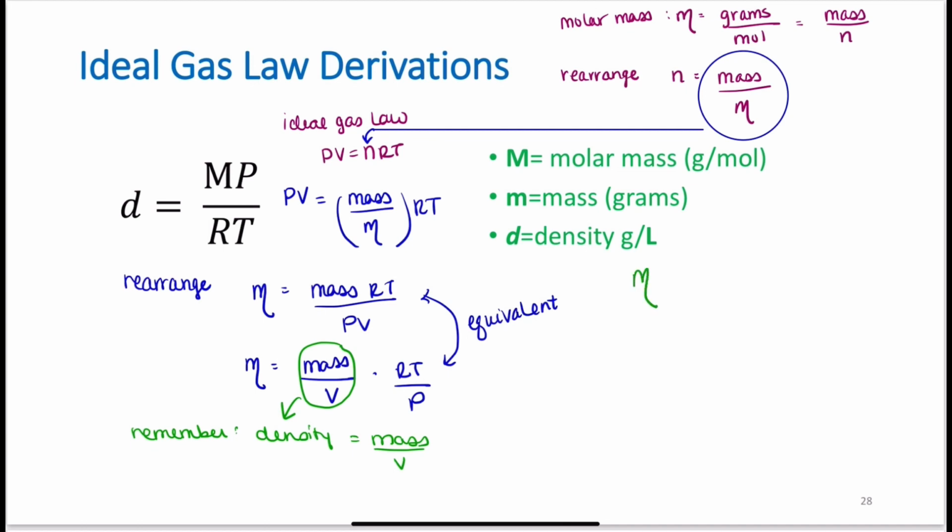So really we can say molar mass is equal to the density RT over P, which if we rearrange this, density is equal to molar mass times pressure over RT. Again, you don't have to know this. I won't require you to know the derivation, but some students do better knowing it. So if it helps you, fantastic. If it doesn't, memorize it, and you can derive it the other direction.